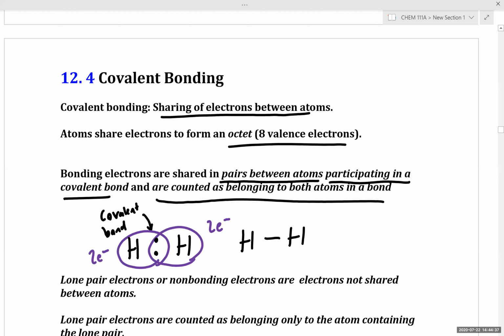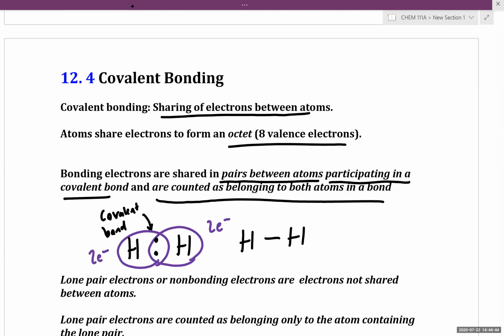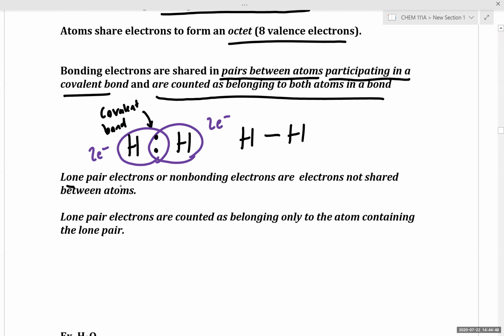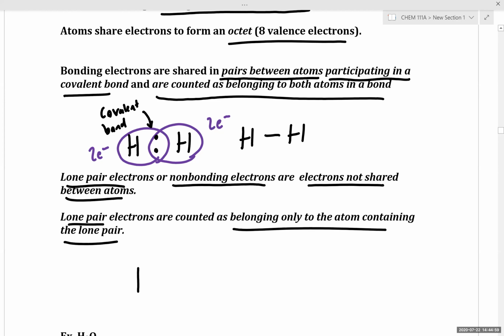So bonds can be written as a pair of shared electrons or a line. Electrons are always shared in pairs. Lone pair electrons or non-bonding electrons are electrons that are not shared between atoms. Lone pair electrons are counted as belonging only to the atom containing that lone pair.